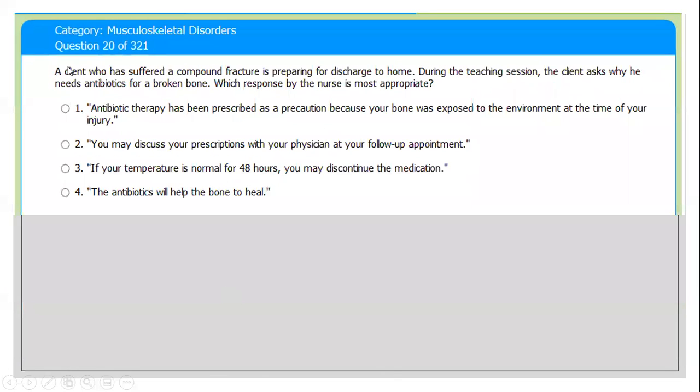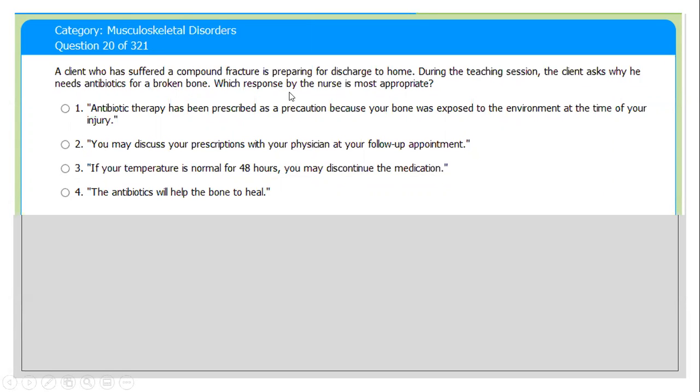Next question here. A client who has suffered a compound fracture is preparing for discharge home. During the teaching session, the client asks why she needs antibiotics for a broken bone.